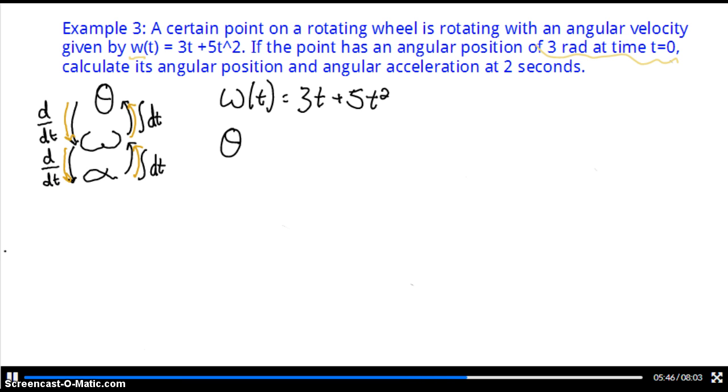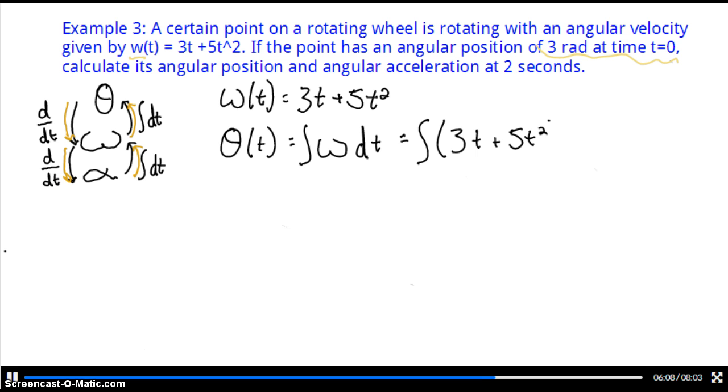That angular position as a function of time would be equal to the integral of our velocity function, so that'd be the integral of angular velocity with respect to time, so that would be the integral of 3t plus 5t squared dt. That gives me theta is equal to 3/2 t squared plus 5/3 t cubed plus c.